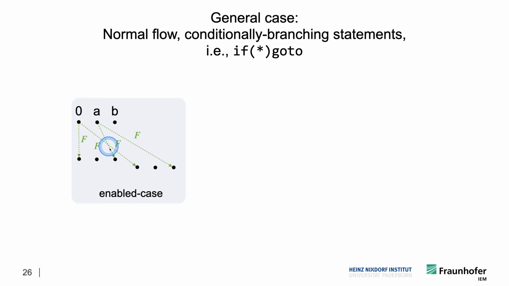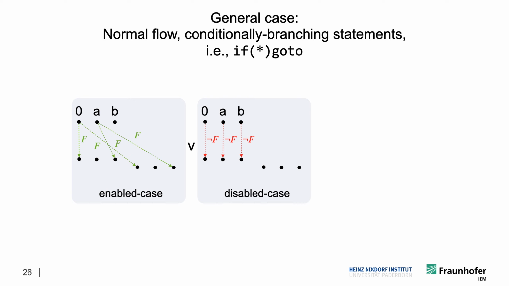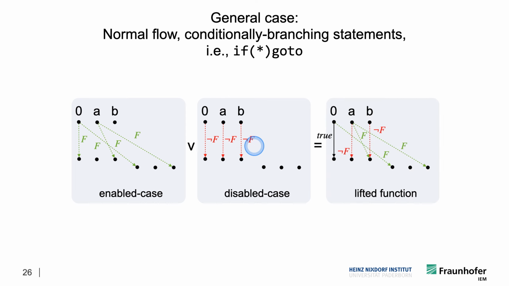And the same is true also for the effect that we are tainting here. And again, the disabled case is rather simple, because if the statement is disabled, we definitely do not jump, right? Then we definitely move to the next statement in the program order, which is reflected by this. And again, you can lift this.